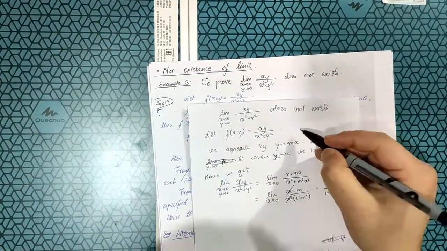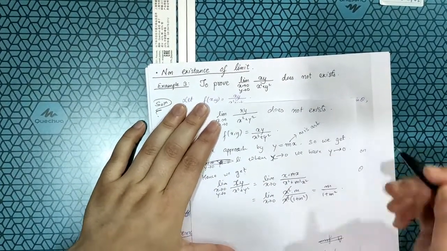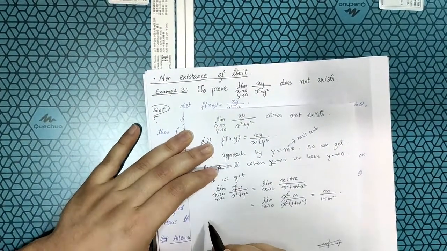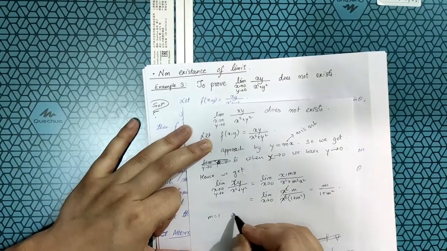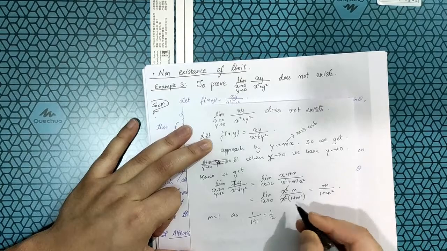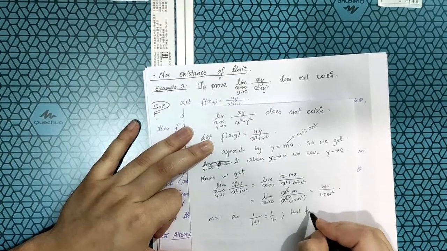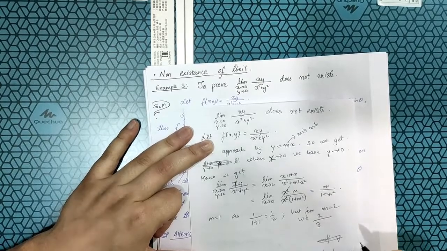Now as m is arbitrary, we get the value of the limit for m equal to 1 as 1 by 1 plus 1, which is half. But for m equal to 2, we get 2 by 3.